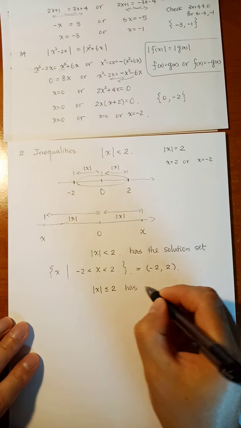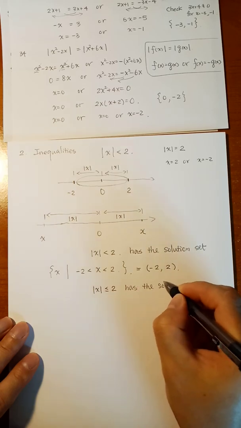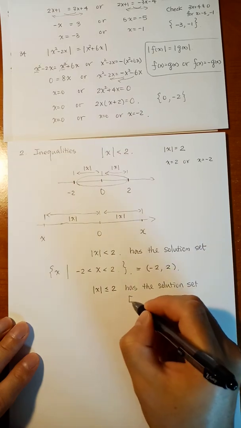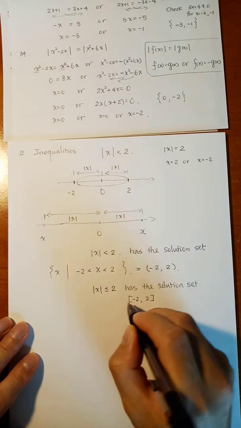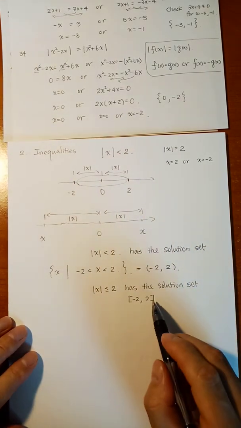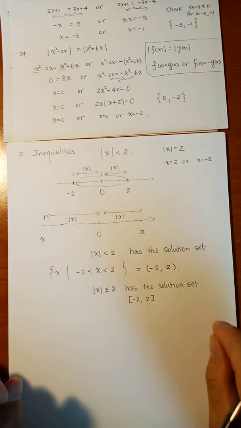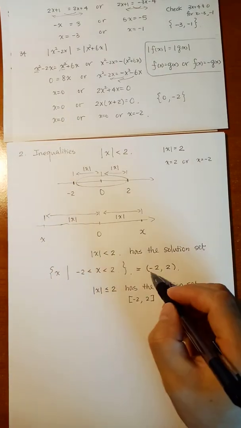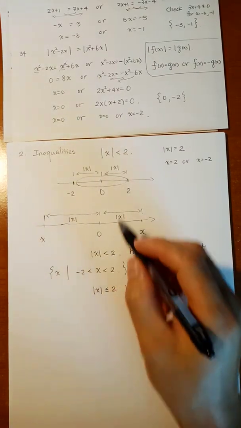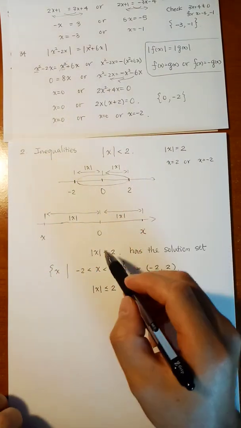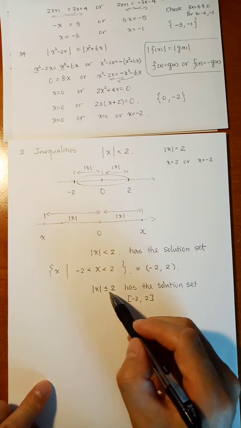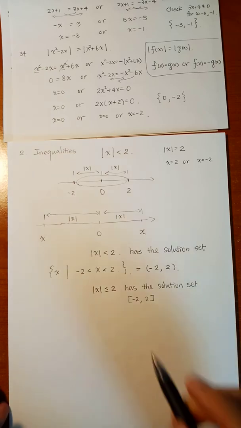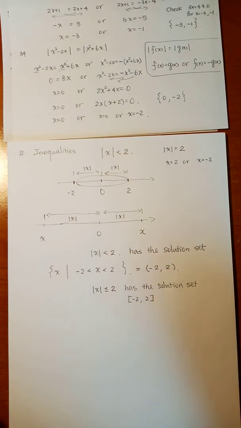It has the solution set -2 and +2, but you should use a closed interval. Those two endpoints inclusive. Here, open interval means you do not include endpoints. This is strictly less than. If you have equal, it is less than or equal. It's those two, closed interval.